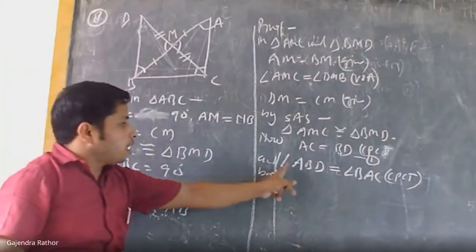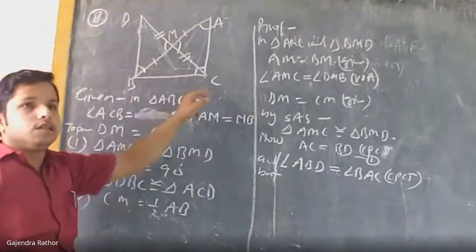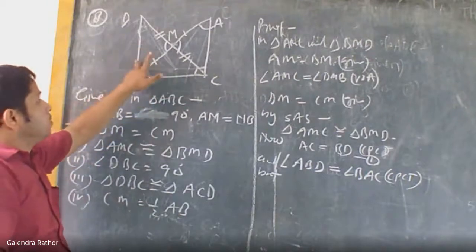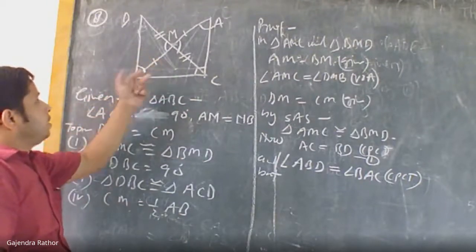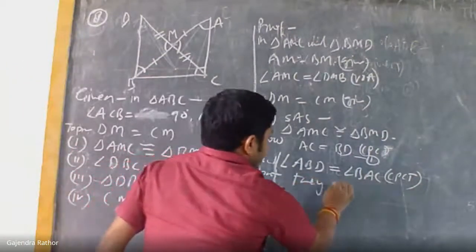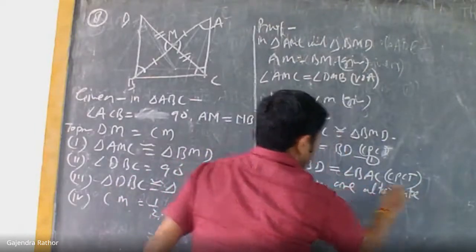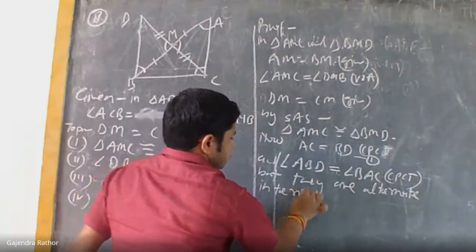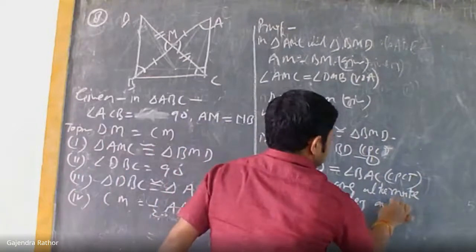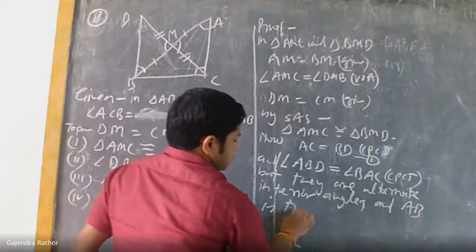But angle ABD and angle BAC, these are alternate interior angles, and AB is the transversal.